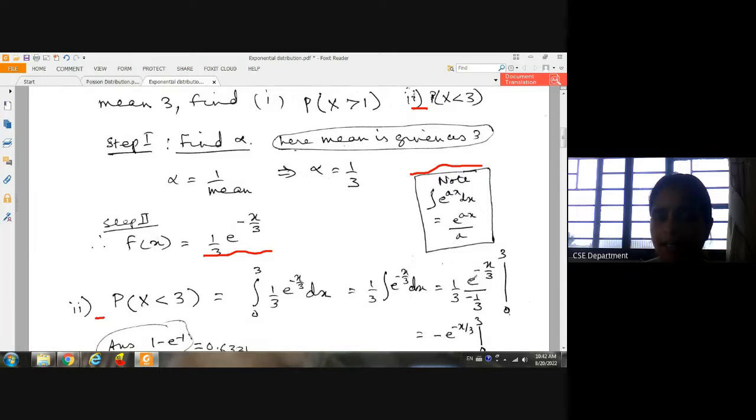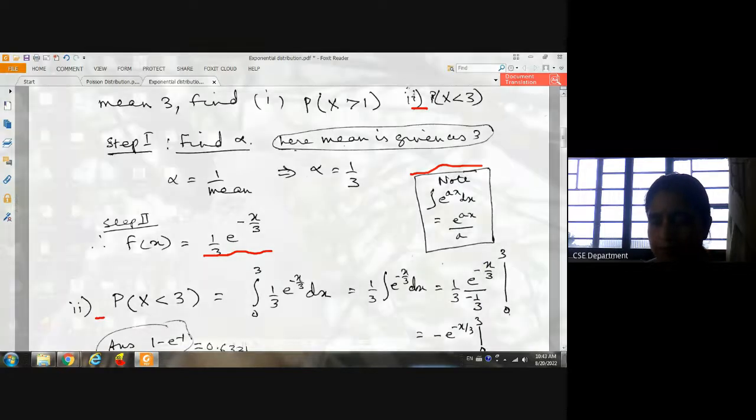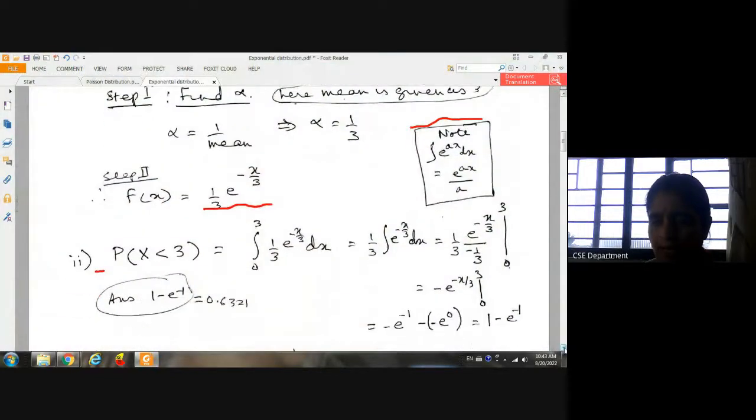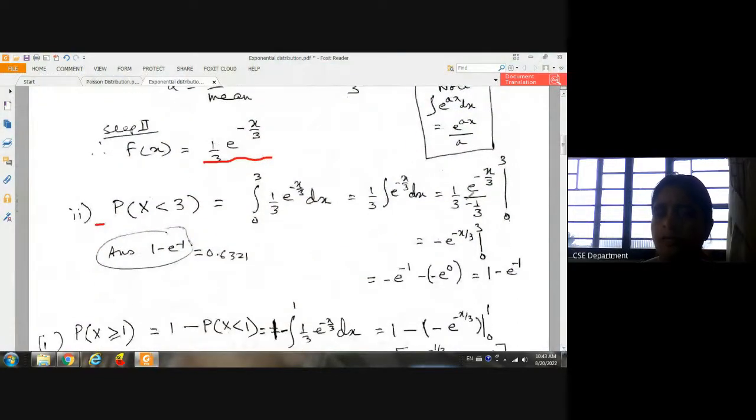Here a is minus 1 by 3. So we divide by a, and 1 by 3 and minus 1 by 3 cancel, only minus will remain: minus e power minus x by 3.